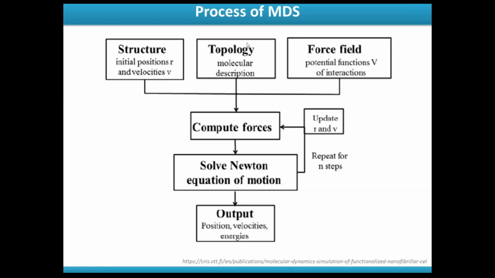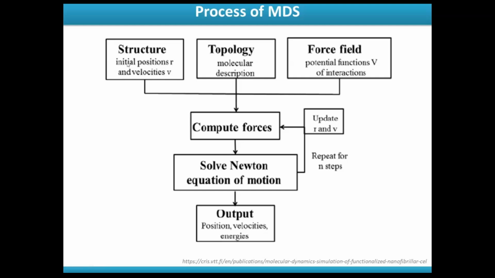Then for the computer to understand the structure of the molecule, there should be some topology file which we will provide to the system. And then there is something called a force field, which is basically a mathematical expression to calculate the potential energies of the molecules, whether bonded or non-bonded terms.